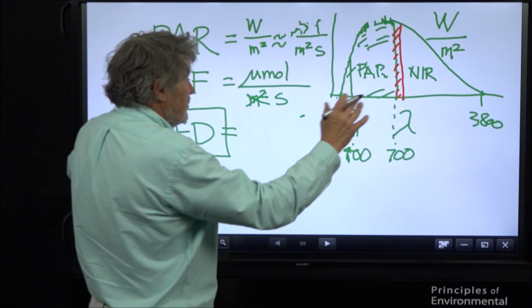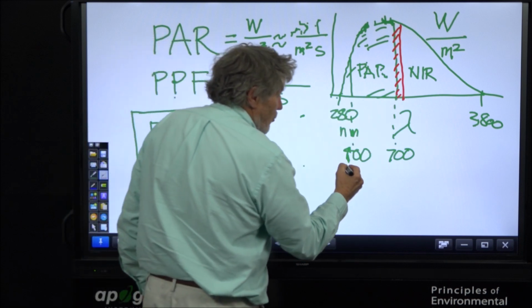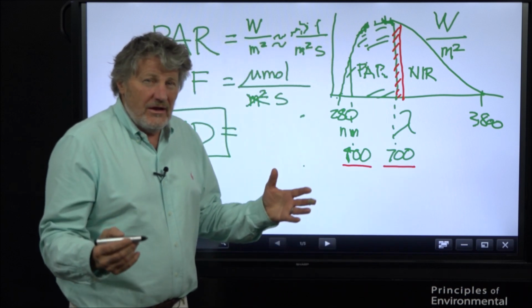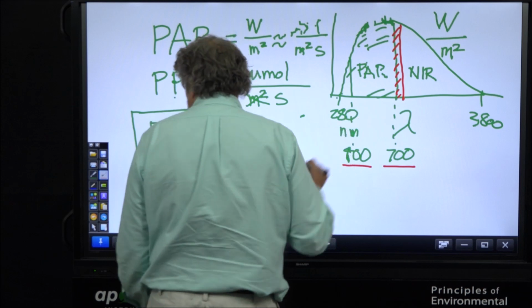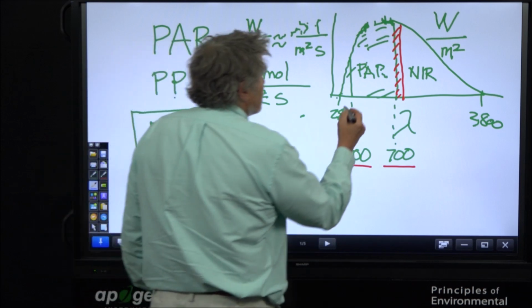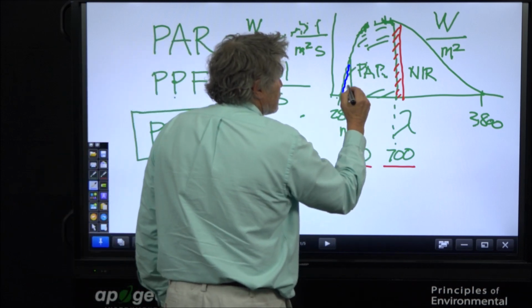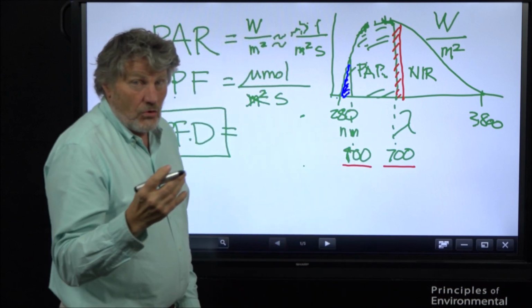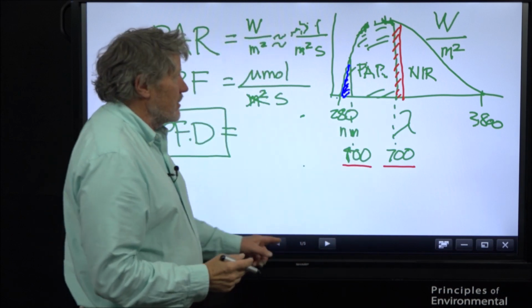So we're calling into question this whole definition of 400 to 700, and even more than that, down here, let's do this in blue, this is ultraviolet, and these have some effect both on photosynthesis and on plant growth.